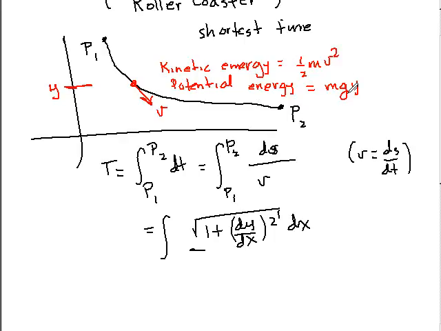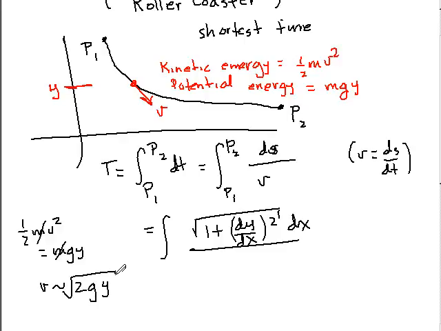Well, if you balance the kinetic energy and the potential energy, the m's cancel, and you get v as the square root of 2gy. So we're going to put the square root of 2gy here. Now this is going to go from x1 to x2, a change of integral.